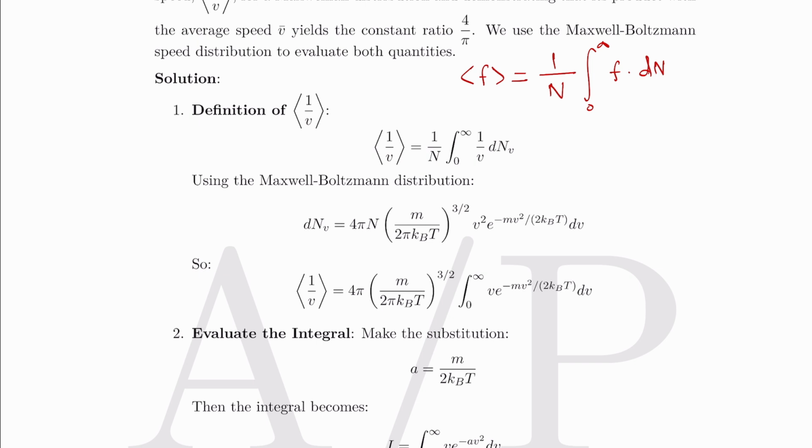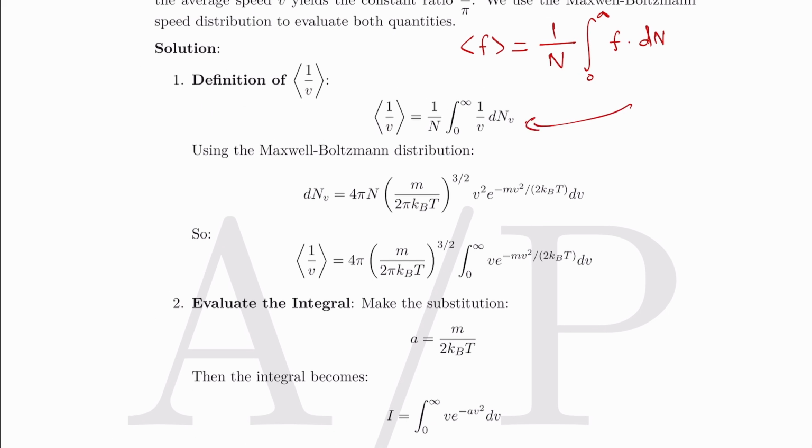We are going to use this here, and using the Maxwell Boltzmann distribution, we can write that dn_v is equal to 4 pi n multiplied by m divided by 2 pi kT whole power 3 by 2, as we did earlier, and v square exponential minus m v square divided by 2 kT dv.